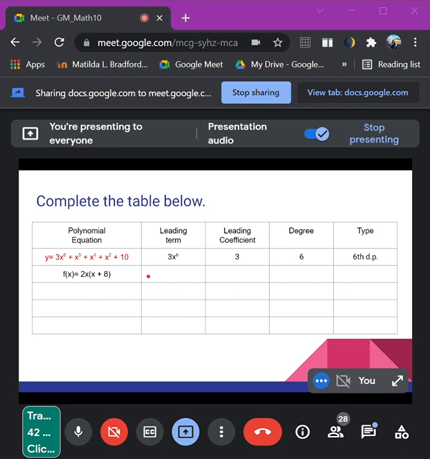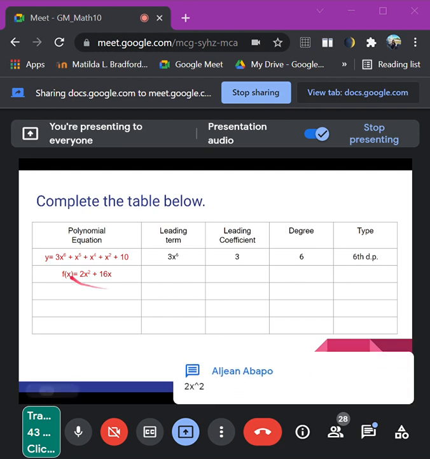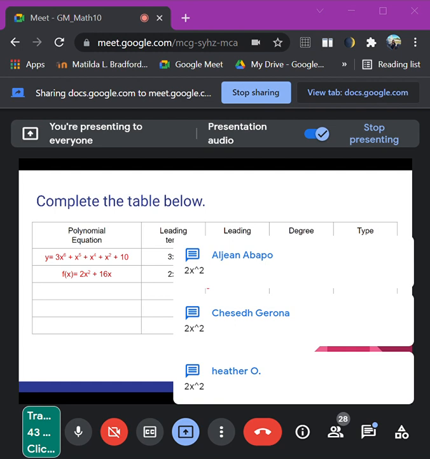f of x is equal to 2x quantity x plus 8. So what are we going to do here, class? We need to distribute, right, to get our standard form. So from 2x quantity x plus 8, it becomes 2x squared plus 16x. So, what is our leading term? 2x squared.